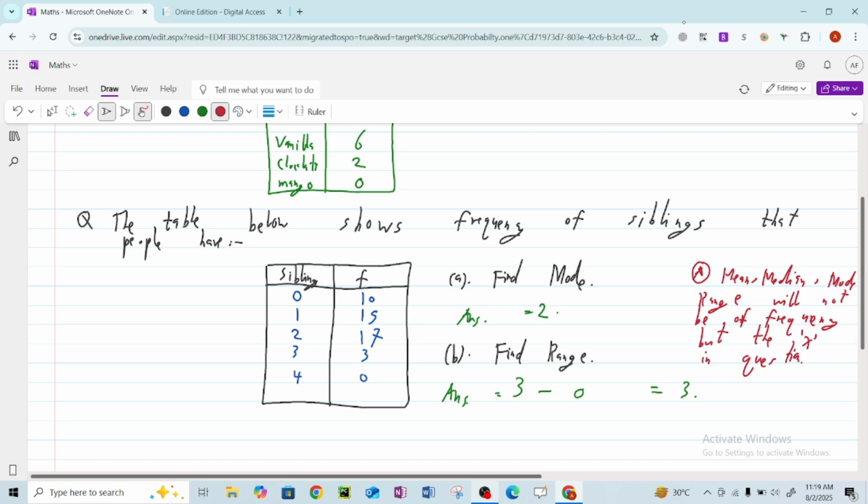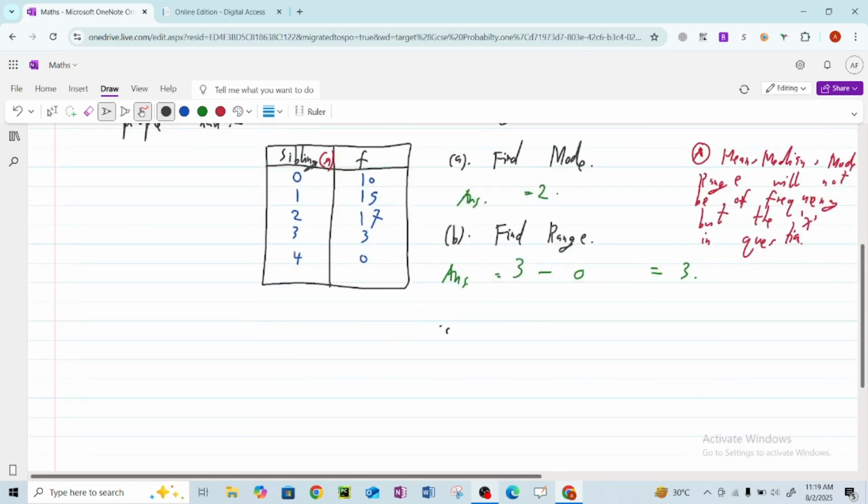What's the x? This is the x. This could be anything. In this case, it's siblings. This could be ice cream flavor, brothers, sisters, or cars. Like, 10 people have 0 cars, 15 people have 1 car. It could be anything, that's why we call it x.